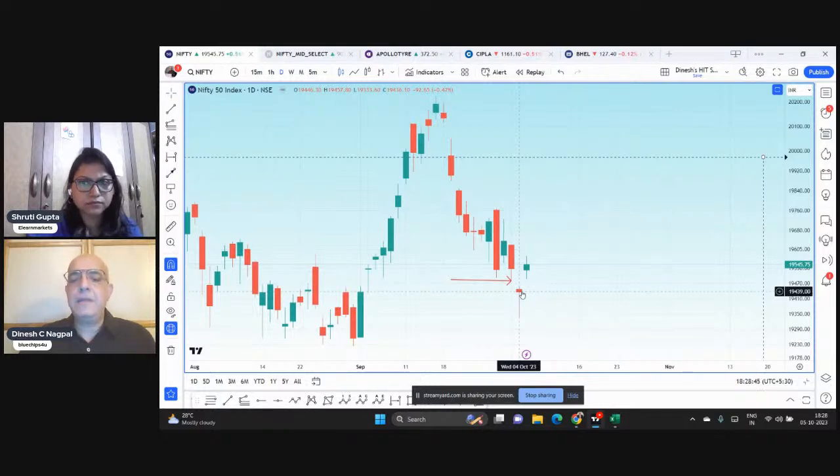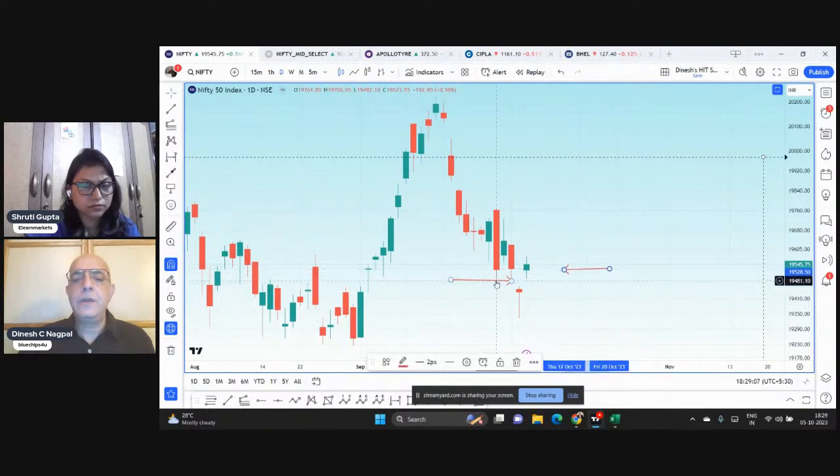And today we had a gap up. This gap up again creates a gap, because today's low is 19,487, again a 20 to 30 point gap between both sides. So in this particular area, there is no trade.